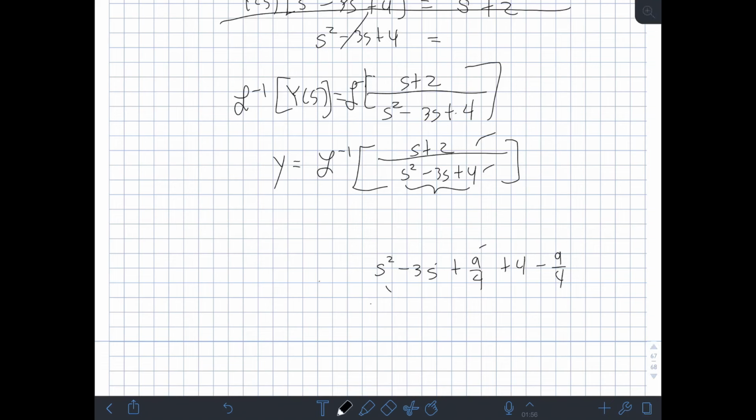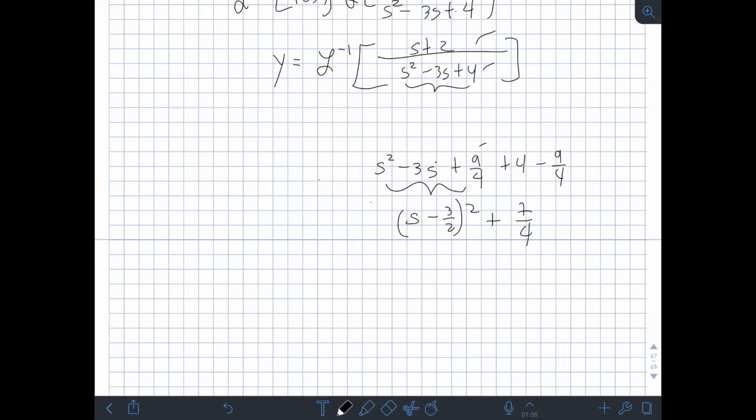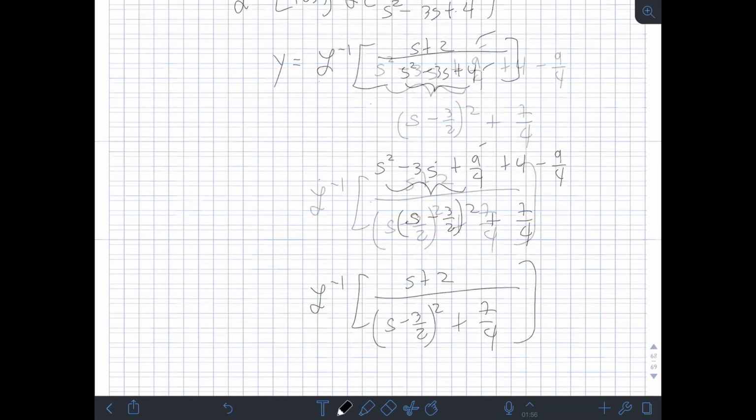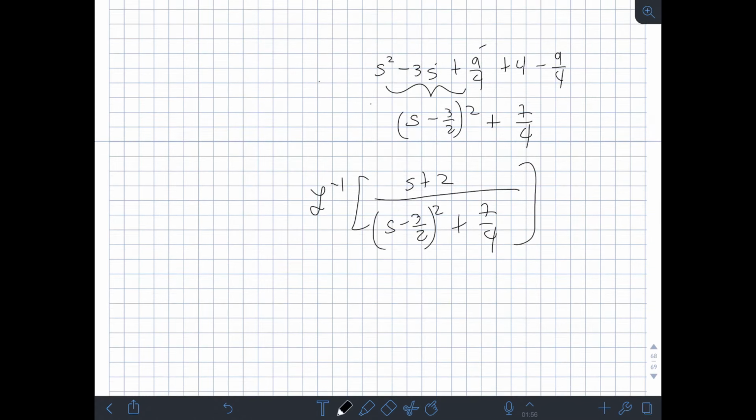Okay? So, we can now factor this. (s − 3/2) quantity squared plus, what is 4 − 9/4? 7 over 4, right? So, therefore, we have the inverse Laplace transform of (s + 2) over (s − 3/2) quantity squared plus 7/4. So, you will notice that we have negative 3 halves in the s.